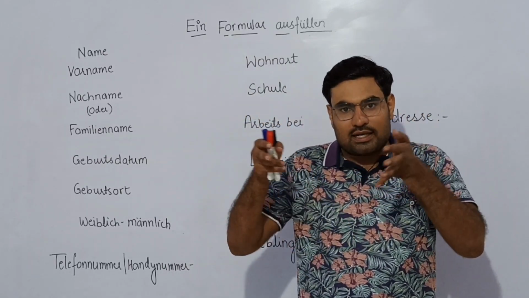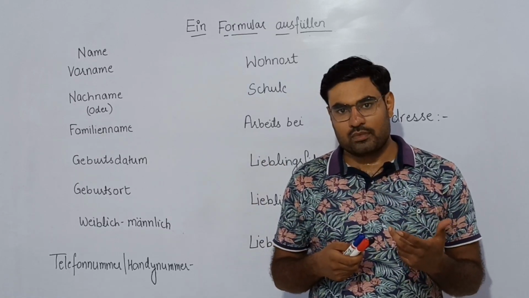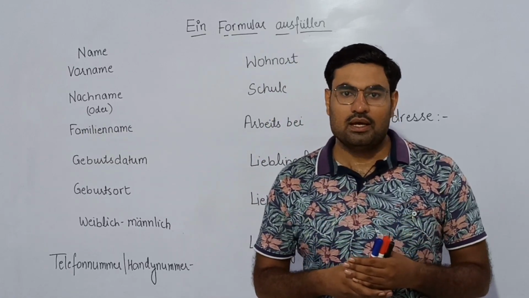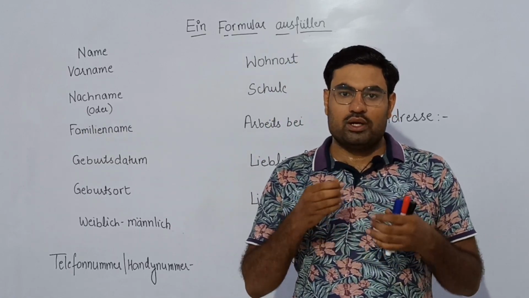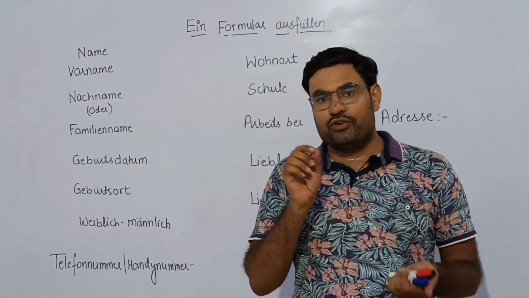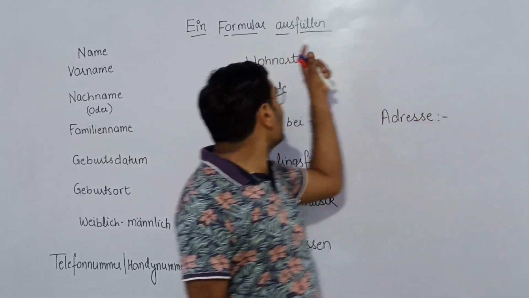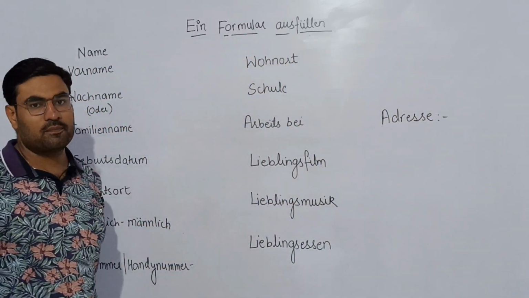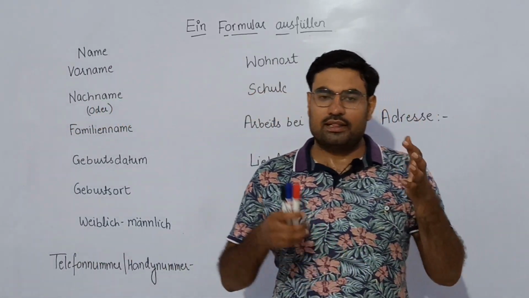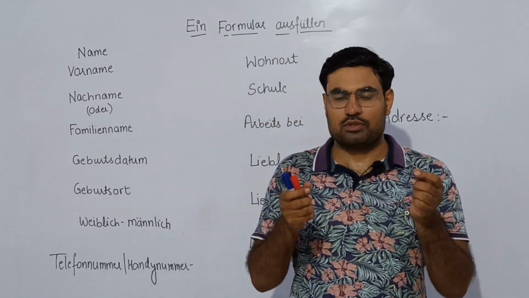Apart from this, there's another advantage of this video. What is that advantage? If you are writing the A1 exam, in the writing section, the first part is Ein Formular ausfüllen, to fill out a form. The examiner will provide you some paragraph.